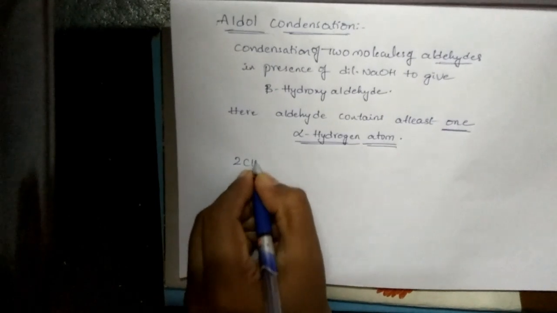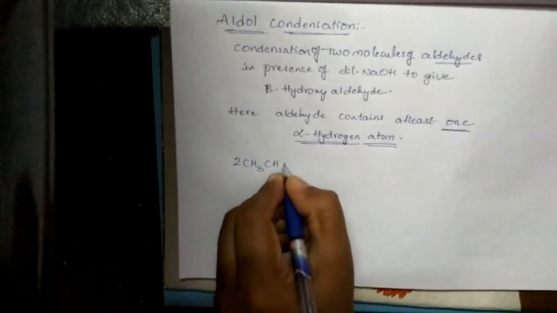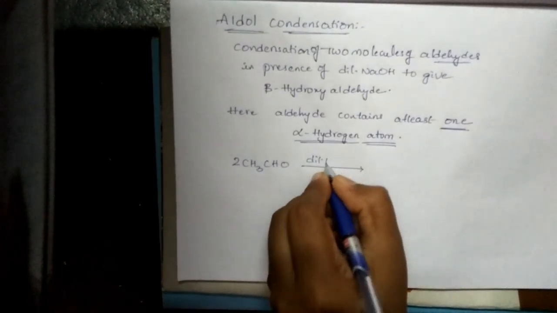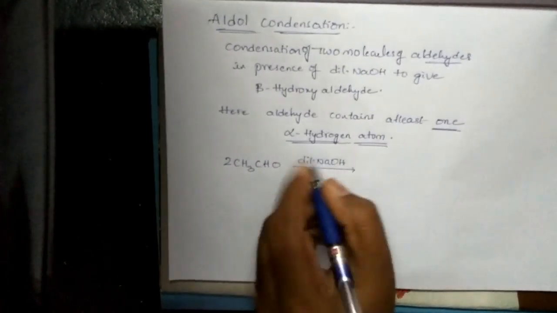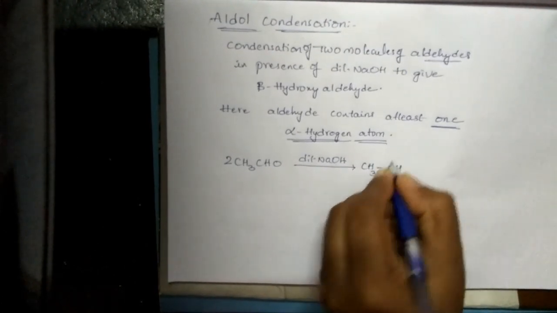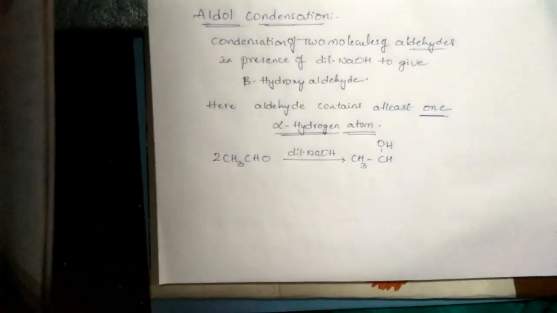So the reaction is two molecules of acetaldehyde in presence of dilute NaOH to give beta hydroxybutanol.